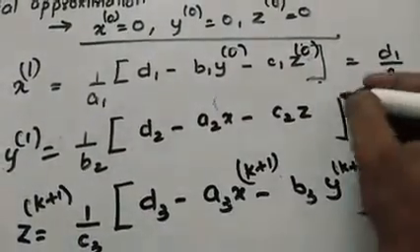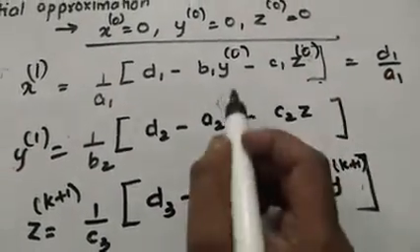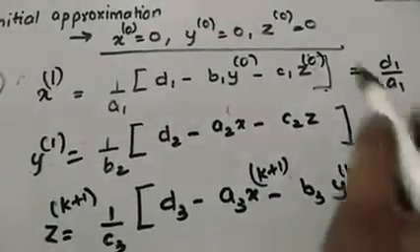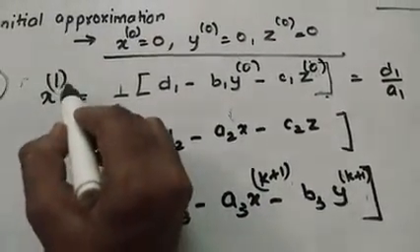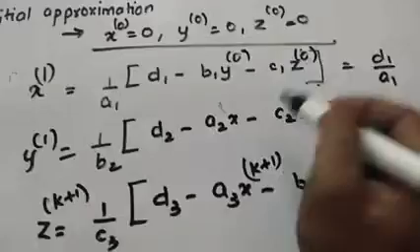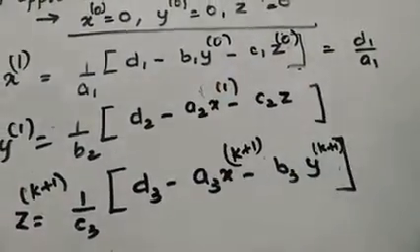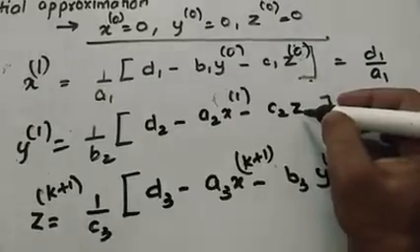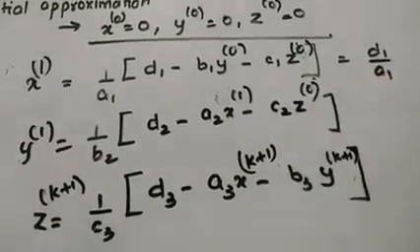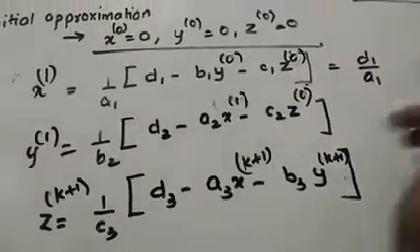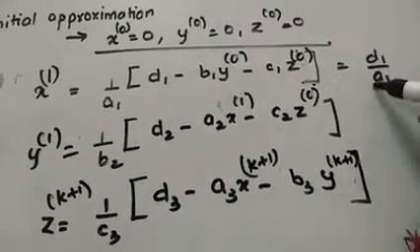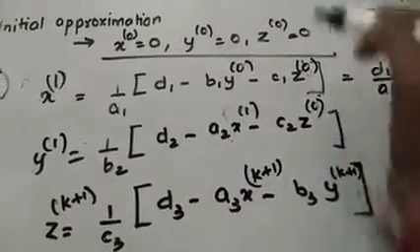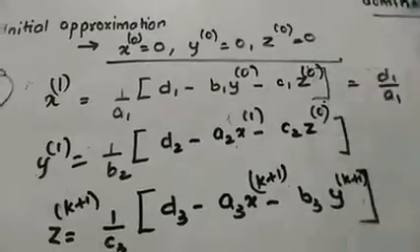What we will do in Gauss-Seidel is this: already in the first iteration we have found x1, so we are going to use this x1 value here. But we still haven't found any z value, so it will remain as 0. The z0 value we have assumed as 0, so we will put that.